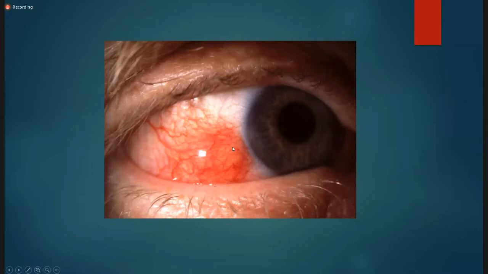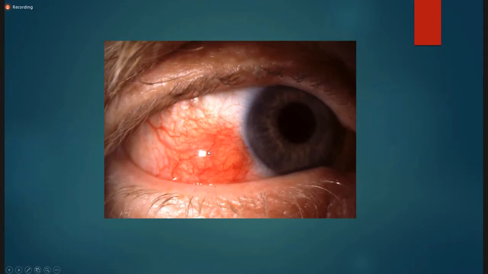Episcleritis may be nodular or diffuse. I have taken a figure of nodular episcleritis. Episcleritis in the white portion. There is no congestion in the upper lid or the lower lid conjunctiva.